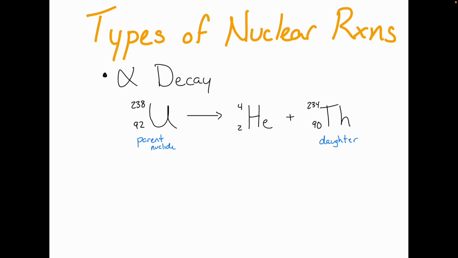And that helium particle is what's called our alpha particle. So alpha decay is a nuclear reaction that necessarily produces an alpha particle, that helium-4 component. All right, that's what makes alpha decay alpha decay.